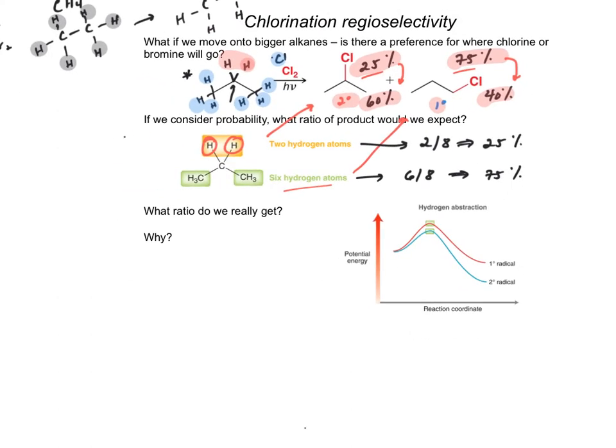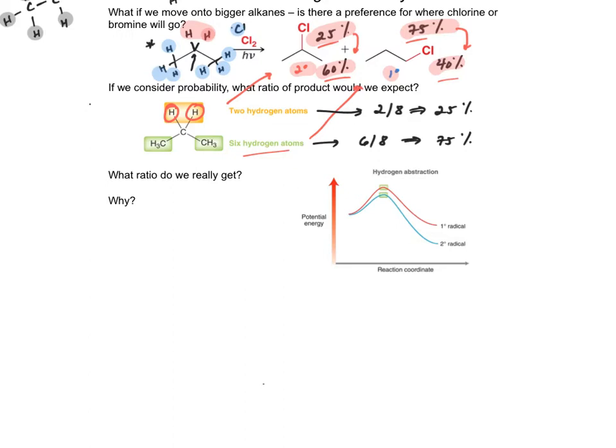So now the question is, why? Why do we see 60% of the time it forming the secondary and only 40% of the time it forming the primary? The answer goes back to this idea behind transition states and the reaction intermediate that we form. In the first step of this reaction, we do hydrogen abstraction.